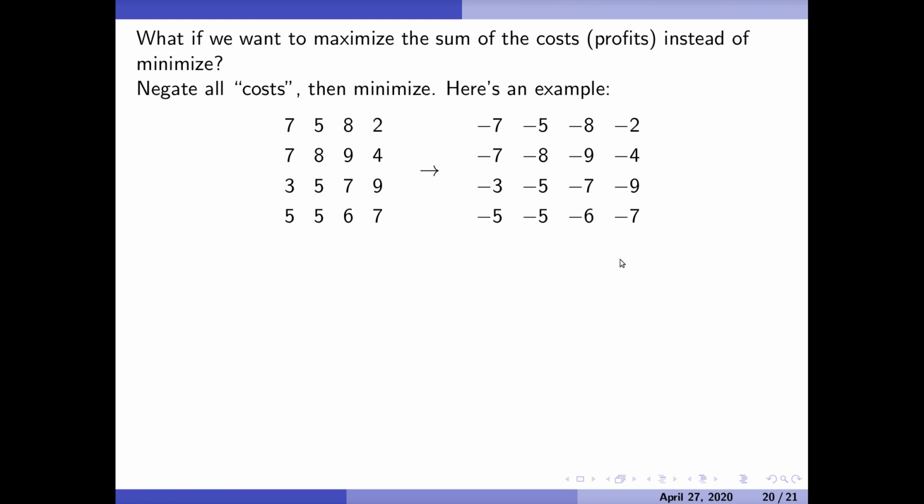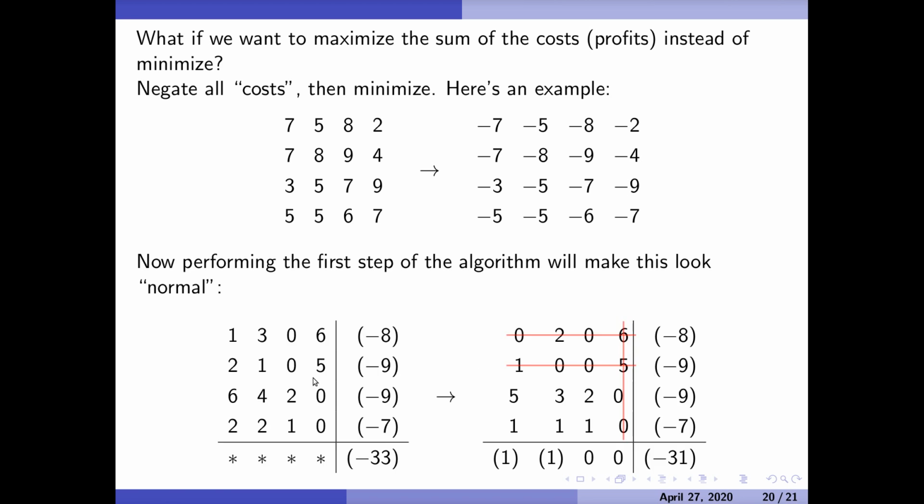Now what's interesting is if I proceed as normal in my setup, the smallest value here in the top row is -8, then -9, -9, -7. If I pull those values out, then the array becomes like a normal array without any negatives, because I'm pulling out the most negative value.